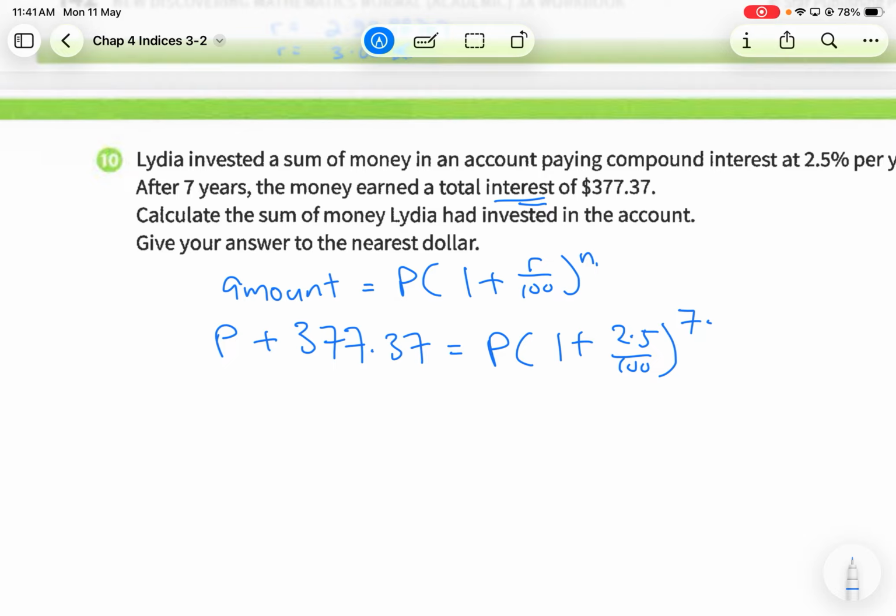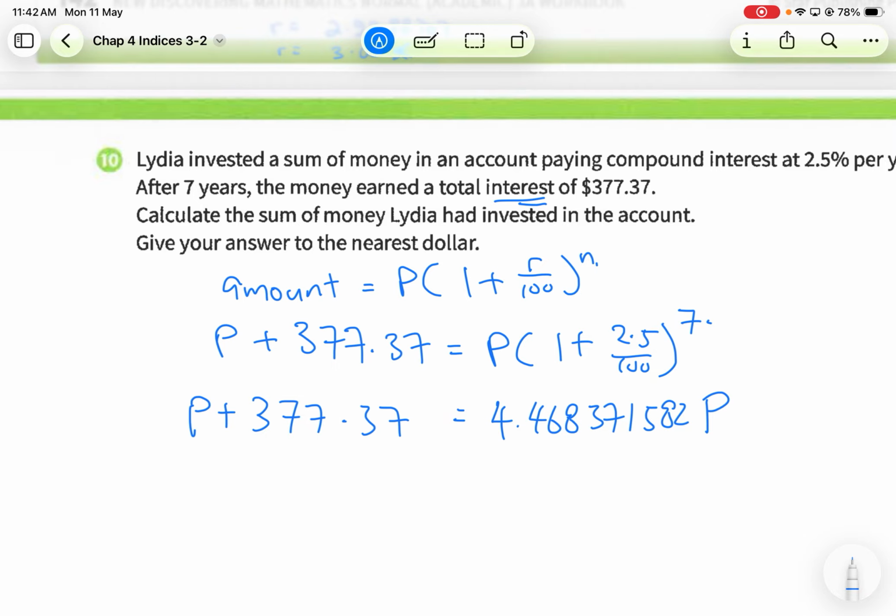Everything inside the bracket is a number. So you can just press the calculator, then to the power of 7. It is just a number. So when I go and press the calculator, I will get 4.76837158. Then my left hand side is P plus 377.37.